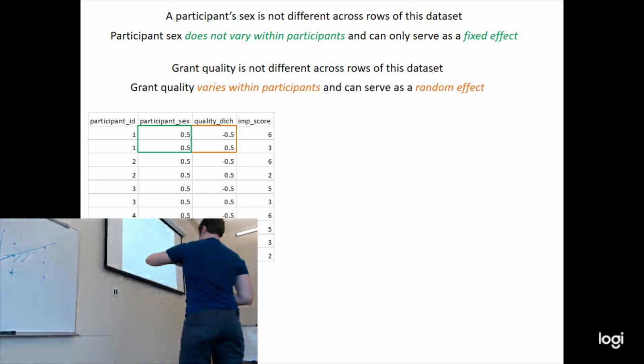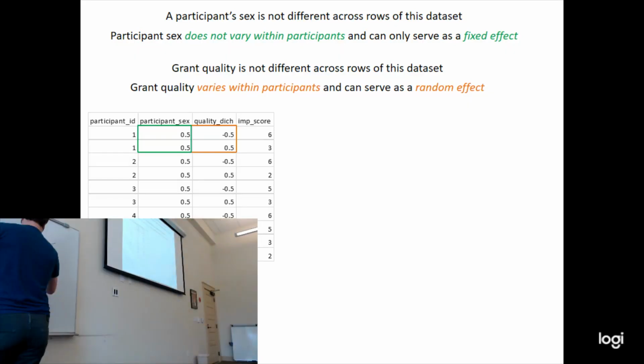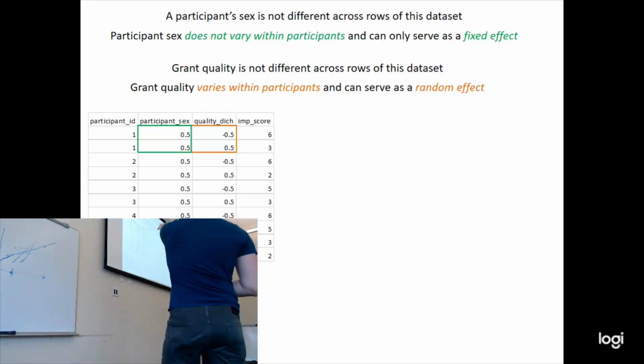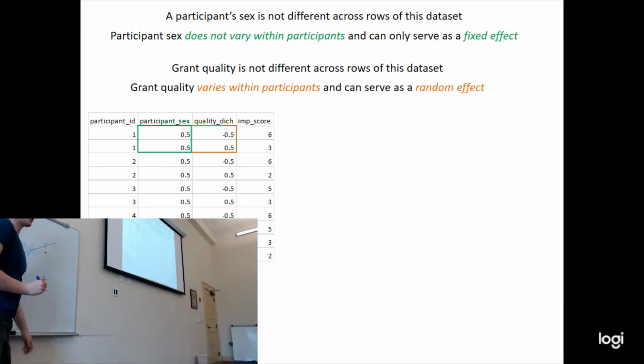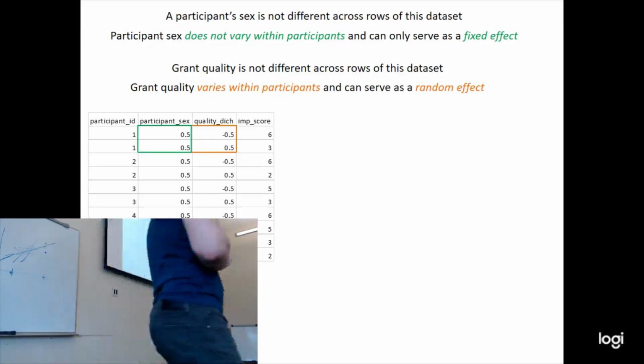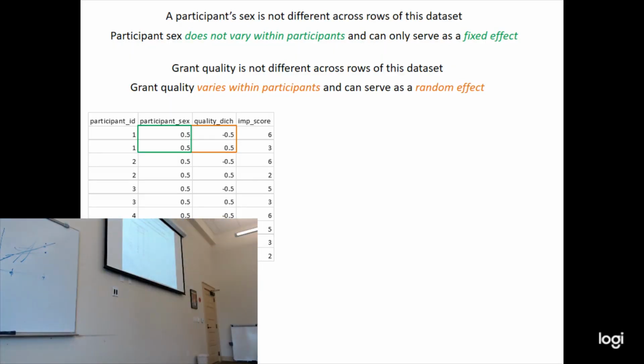But if we're considering sex, if we take a look at reviewer 1, they have 0.5 each time. So maybe there's a point here and a point here. There's no way to calculate a slope between these two points. We just get a vertical line. Does that make sense?